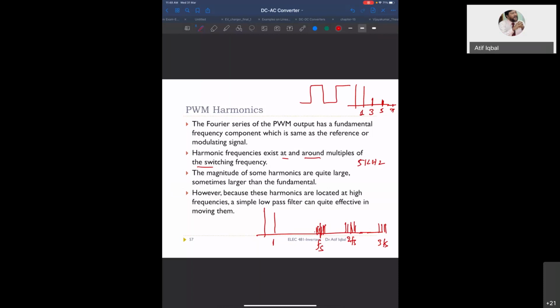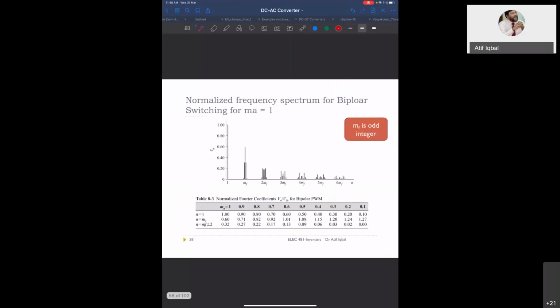The magnitude of some harmonics is quite large, sometimes larger than the fundamental. However, because these harmonics are located at high frequency, a simple low pass filter can be quite effective in removing them. So you need only a small filter to eliminate this. Okay, so this is the harmonics for the PWM.